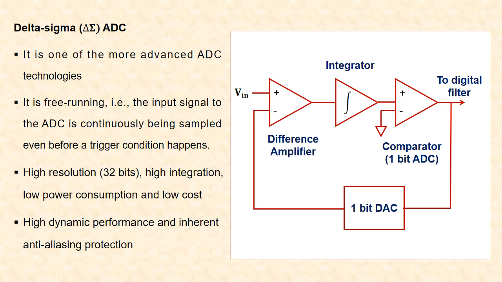Delta sigma ADC is free running, that is, the input signal to the ADC is continuously being sampled even before a trigger condition happens. It has high resolution, that is up to 32 bits, high integration, low power consumption, and also low cost. It has high dynamic performance and inherent anti-aliasing protection.